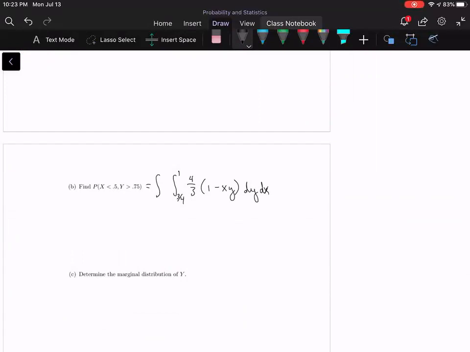X starts at 0 and goes up to what value? 1/2, or 0.5. And so this is the integral that you want to evaluate. So I'm going to give a few minutes here for you guys to actually evaluate this integral and get an answer. I'm going to pause the recording, and then we'll return when I think you've had a sufficient amount of time.